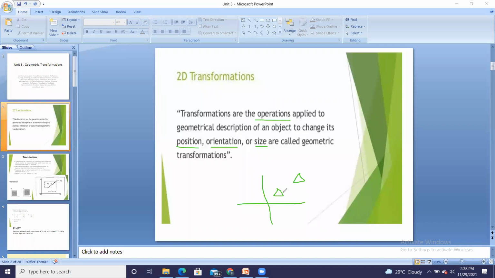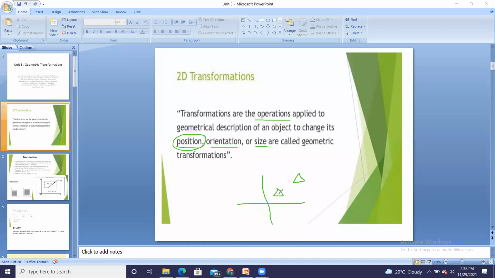Here, I am not making any change in the shape and size of the triangle. Simply, I am picking it up and placing it in another location. Such a transformation, where the position of the object is changing, is called translation.